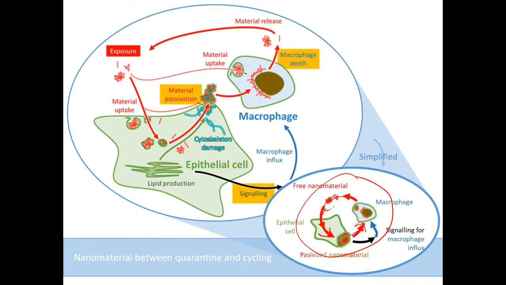Plus, we could see that there is some signaling from epithelial cells and from macrophages at the moment when the material is cycling, and this signaling is responsible then for recruiting new phagocytes in the system in vivo.